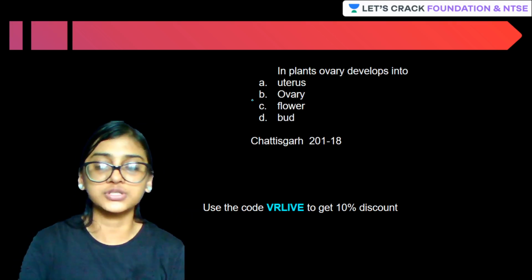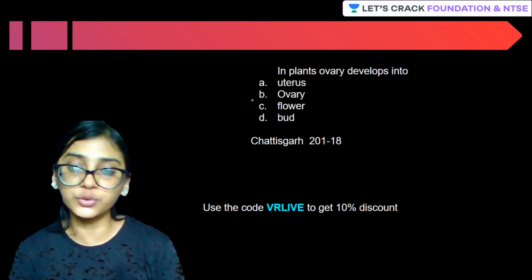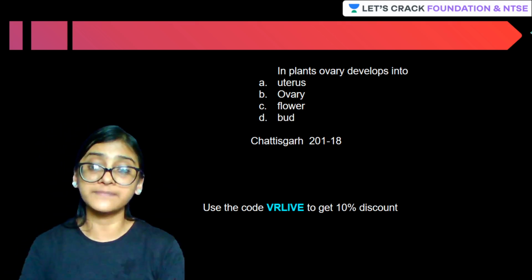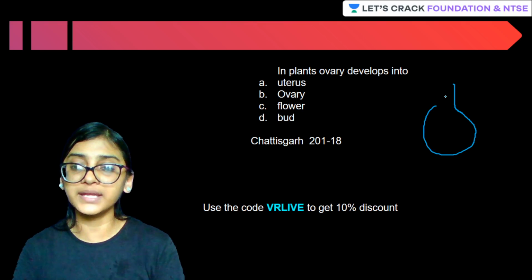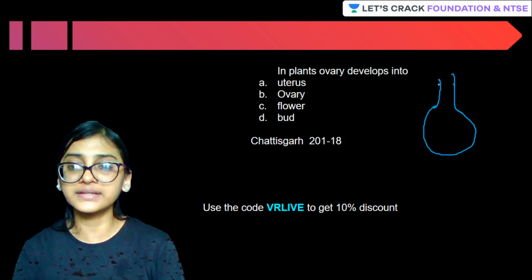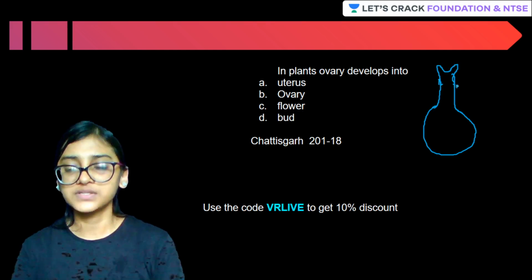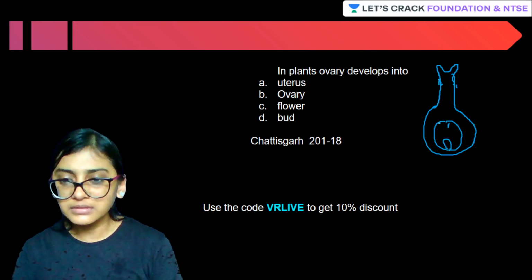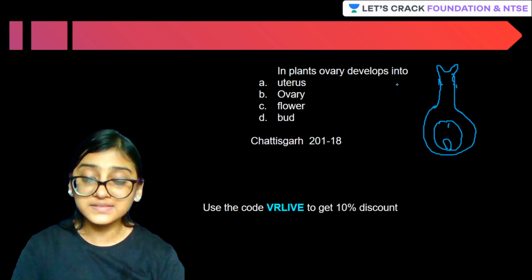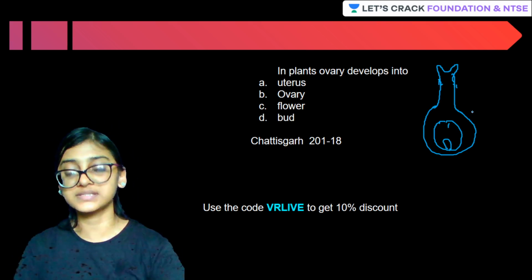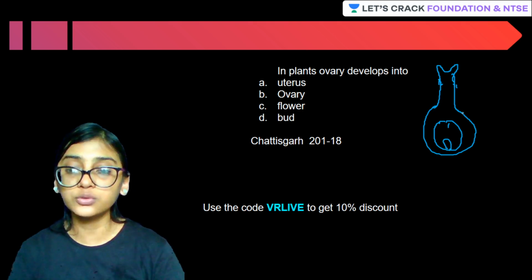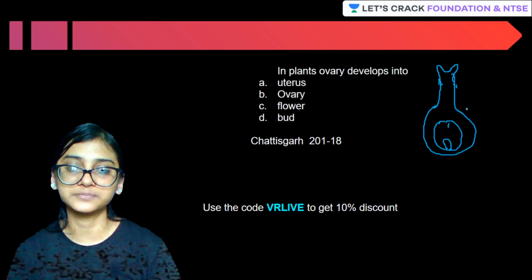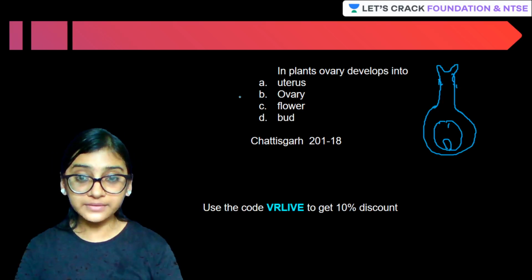And next question. In plants, the ovary develops into uterus, ovary, flower, bud. Very easy once again. In plants, the ovary will be developing into what? This is the style and this is the stigma, right? Here you get to see the ovule with the ovum and other cells. So students, the ovary of the plants will be converted into, oh, there is a mistake. Okay, so let me write other options.